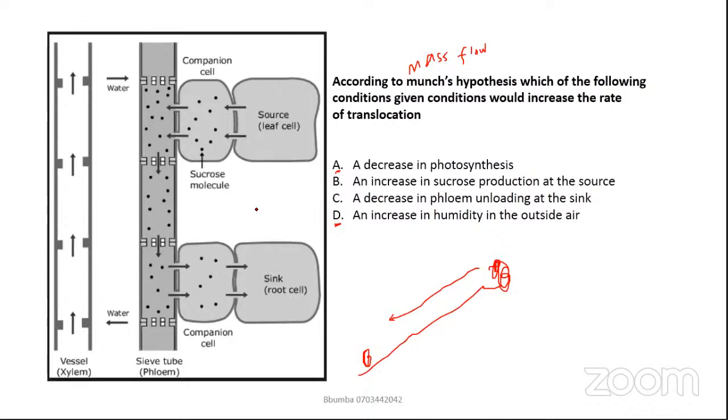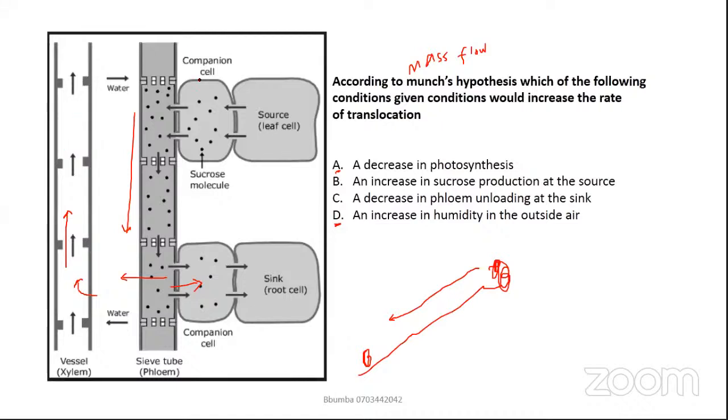Get it? Now, remember that the moment fluids move downward to the sink, they're supposed to be pushed out due to the building up of hydrostatic pressure. Now remember, this water again moves to the xylem, where water is moving up the plant. And remember, one of the key reasons or factors that bring about movement of water up the plant is the transpirational pull.